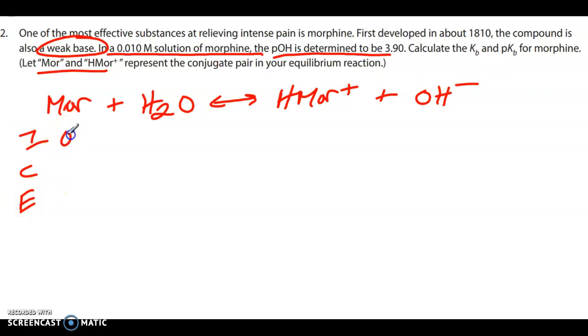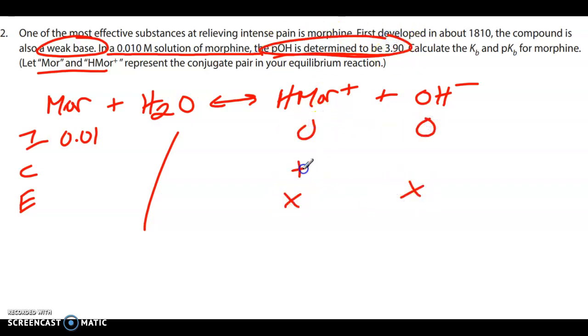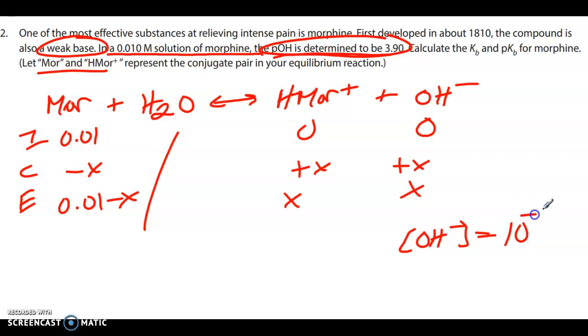So we have the initial, and they're telling us the pOH. Remember, it's 0, 0, then x, x, and 0.01 minus x. Since they tell us the pOH, we can figure out the concentration of hydroxide by doing 10 to the negative 3.90, which ends up being 1.26 times 10 to the negative 4, which we can then plug in for our Kb.